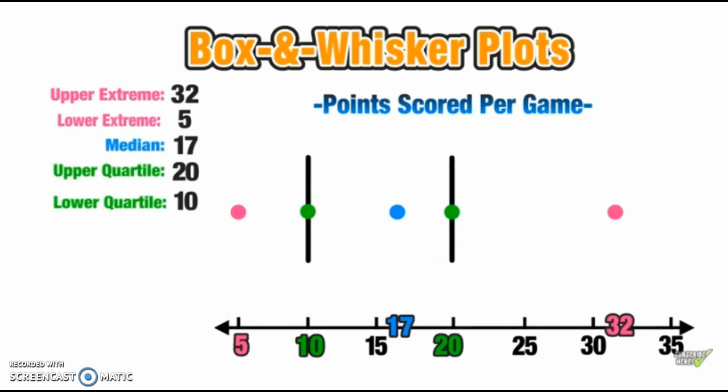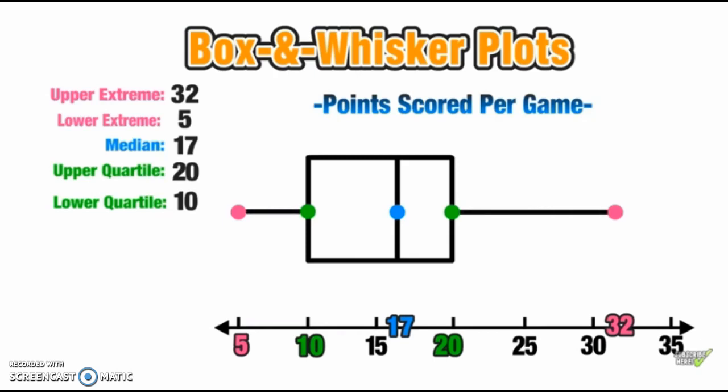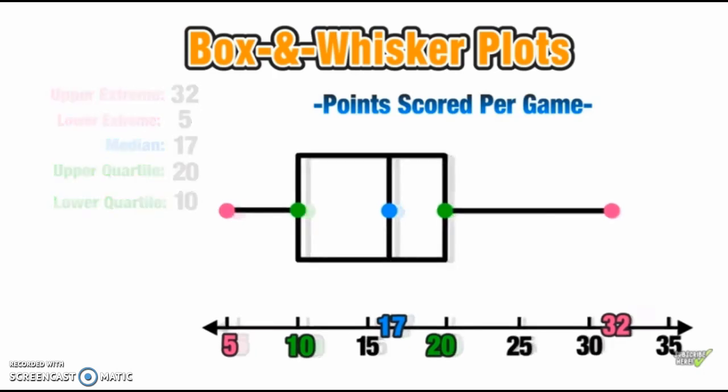We use these lines to construct a rectangle and then fill in the median point. And through that median point, we construct a vertical line. This represents the box in our box and whisker plot. And the final step is to draw horizontal lines that connect the upper quartile to the upper extreme and the lower quartile to the lower extreme.